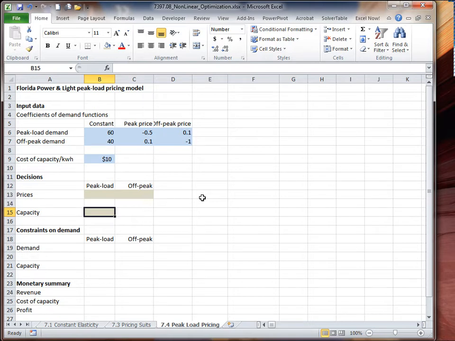What we know is that we can only satisfy as much demand as we have capacity. And that capacity is going to be determined as a decision variable. Okay?